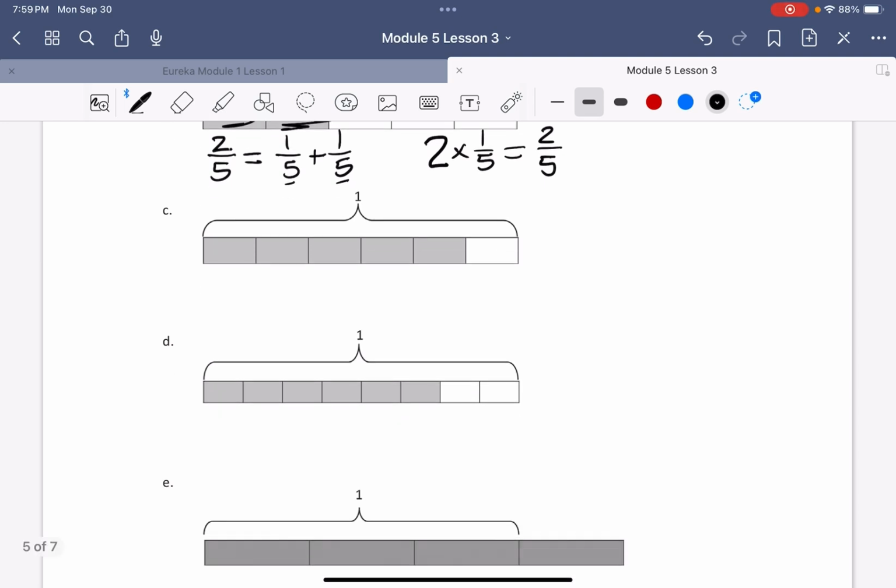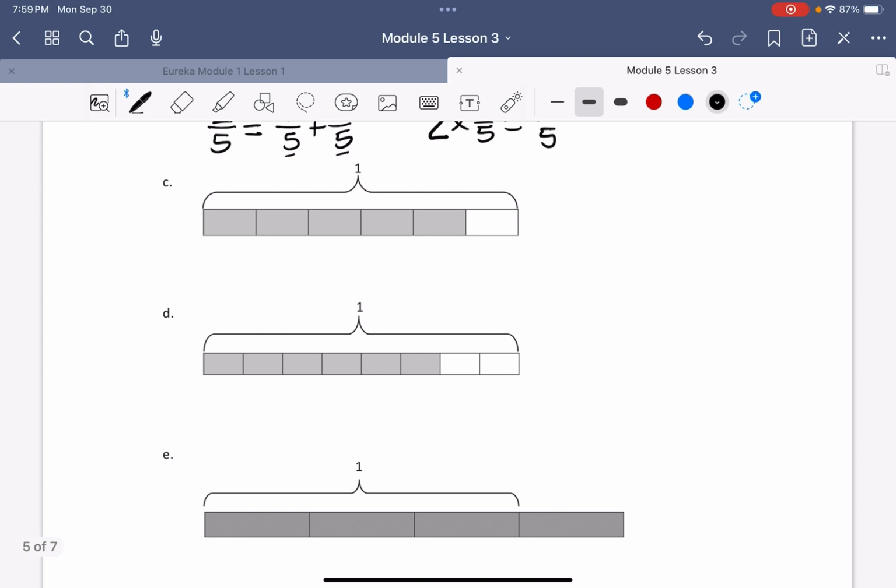Let's try another one. This time we have 1, 2, 3, 4, 5 out of 6 shaded in. So our fraction is 5/6. To decompose that, we could say 1/6 plus 1/6 plus 1/6 plus 1/6 plus 1/6 equals 5/6.